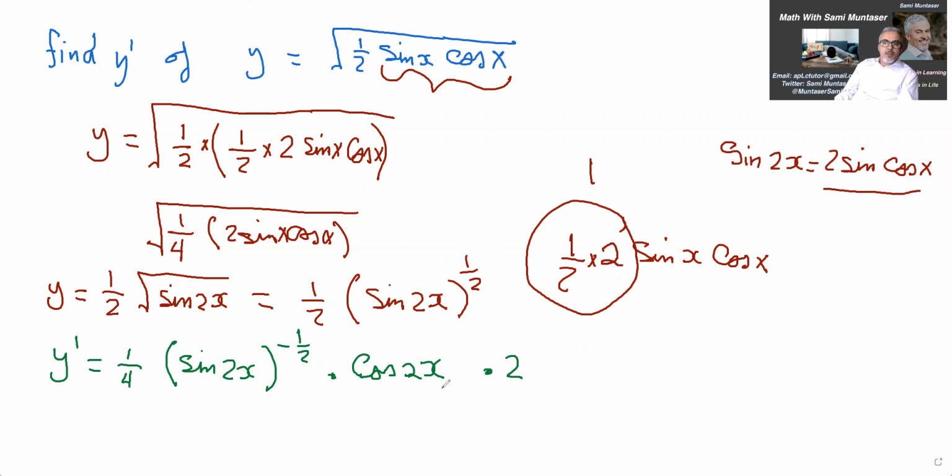Now what I'm going to do is have that 2 multiplied into the 1/4, which gives me 1/2. 2 times 1/4 is 1/2. And I'm going to make this fraction a little bit longer: cos 2x goes on top, and the sine 2x to the power of 1/2 I'm going to bring to the bottom, where the 2 is.